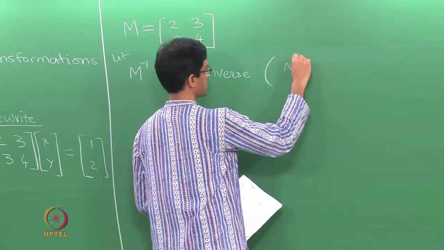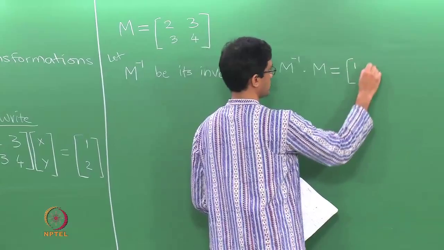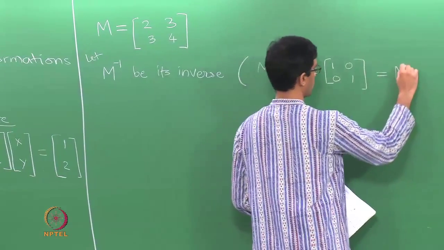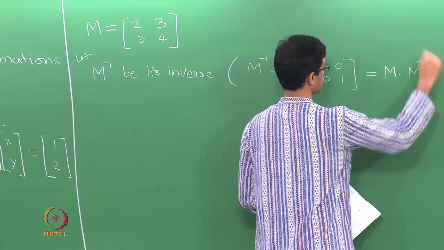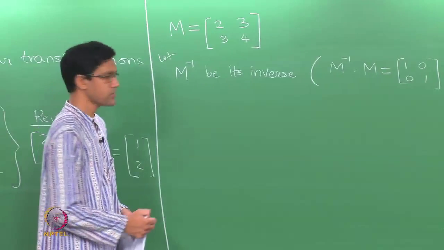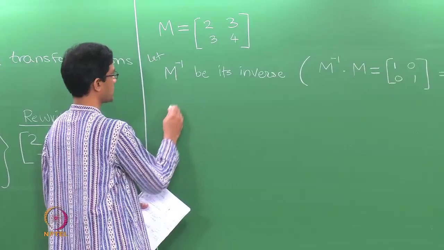In other words, it's the matrix which has the property that this into this is what we call the 2 cross 2 identity matrix, and it's immaterial which order you multiply them, whether you do M into M inverse or M inverse into M, it gives you the identity matrix. Okay, so let M inverse denote the inverse of this matrix.